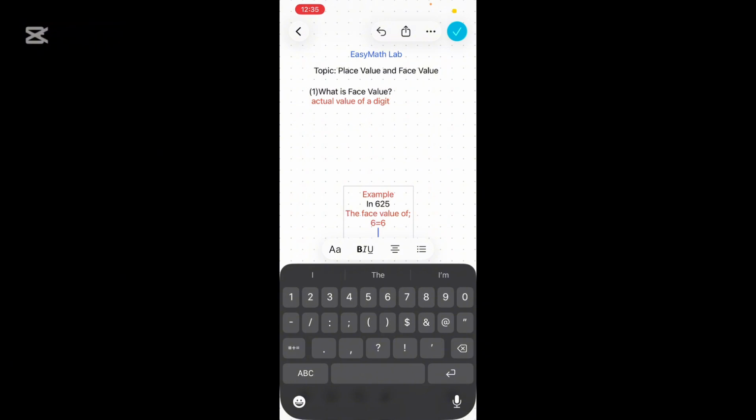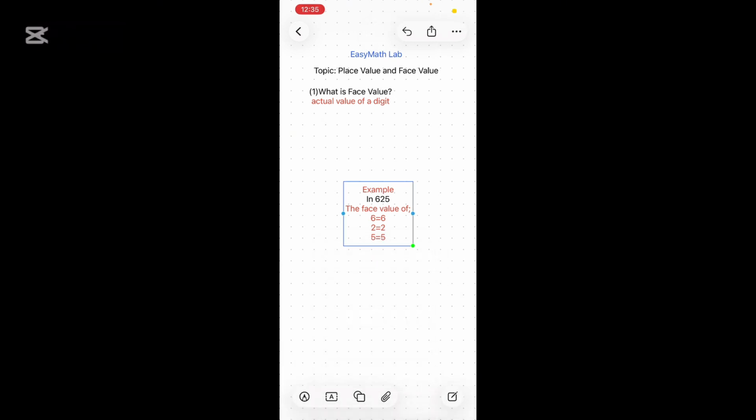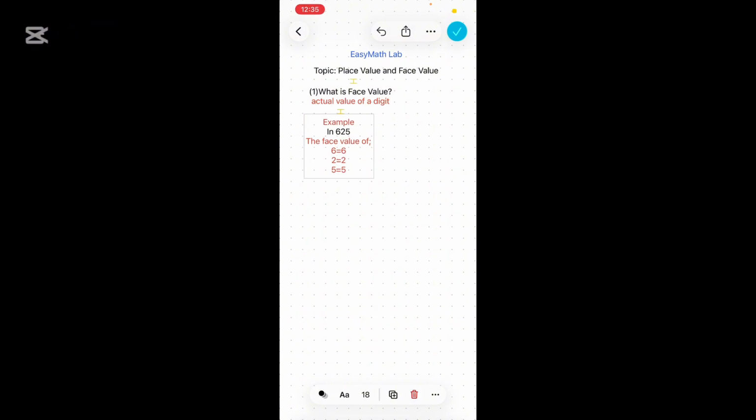Face value of 2 is equal to 2. And the face value of 5 is equal to 5. Remember, we said earlier that it is the actual value of a digit, and so it does not change for any reason. So there we have an example.